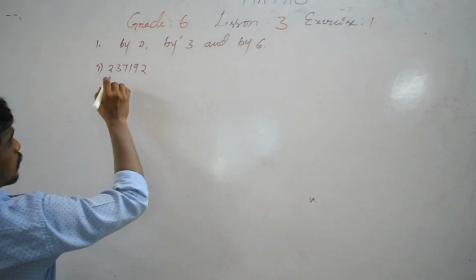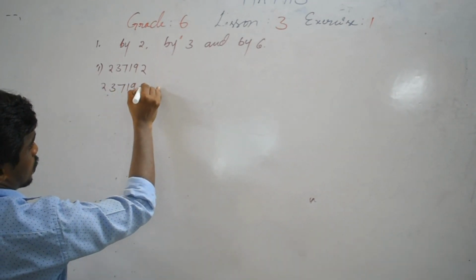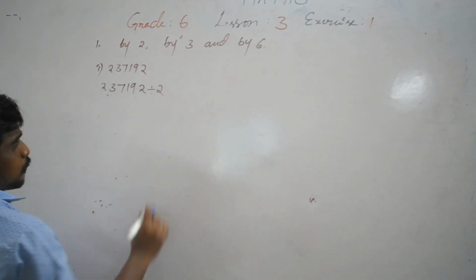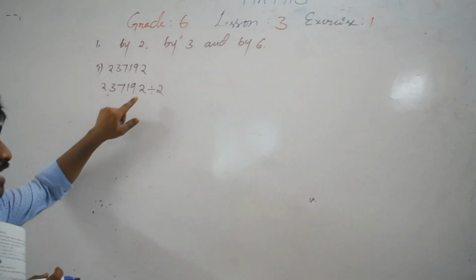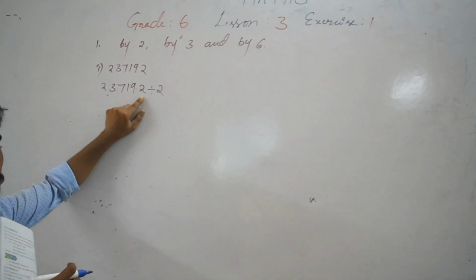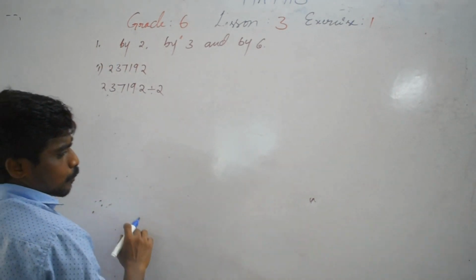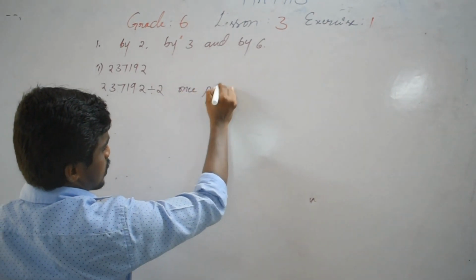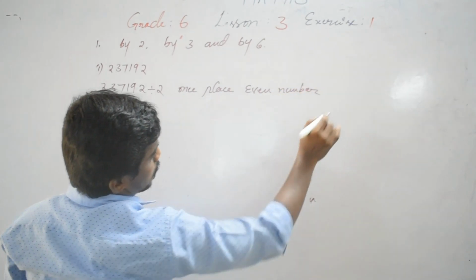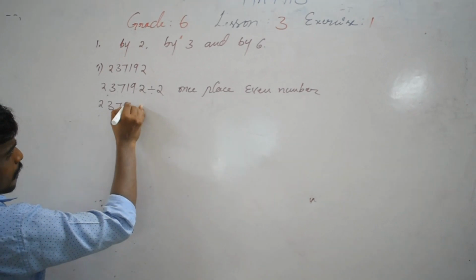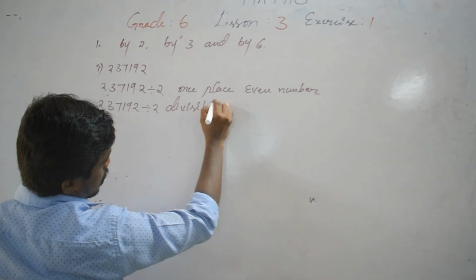Now we will check. Divisible by 2: divisible or not? Divisible. See, in the ones place there is 2. What is the 2 divisibility rule? In the ones place is an even number. Here 2 is an even number, so divisible.